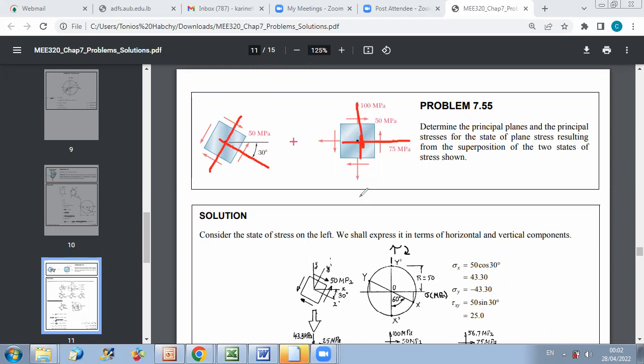So for this figure, you can find the corresponding state of stress along the X and Y axes, and then you add these two stresses along XY. So you get the total state of stress in plane XY.